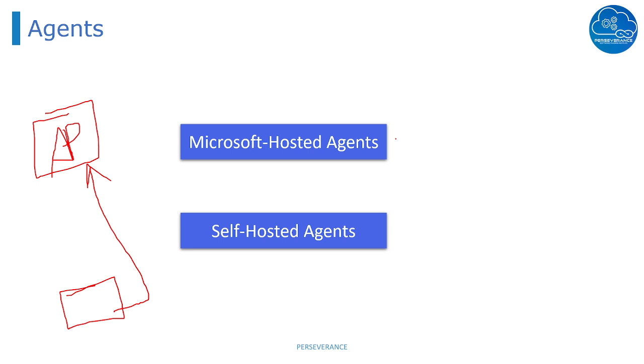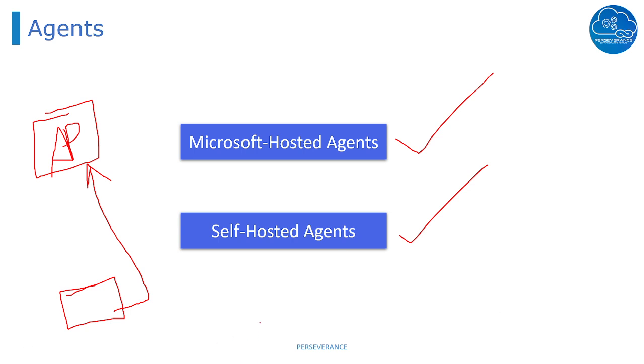Just to highlight, Microsoft-hosted agents are completely created, maintained, and managed by Microsoft Azure, and they discard these agents once the work is done, so the agents no longer exist once the tasks are completed. Self-hosted agents are completely created, maintained, and managed by us.